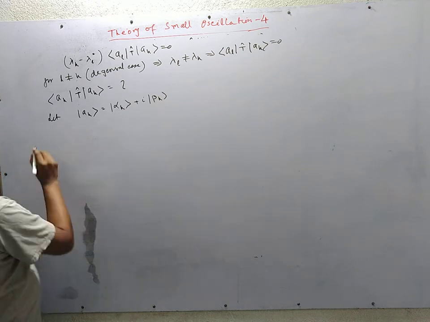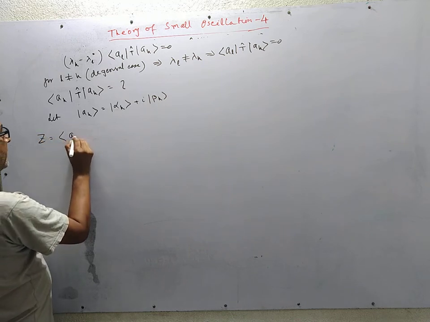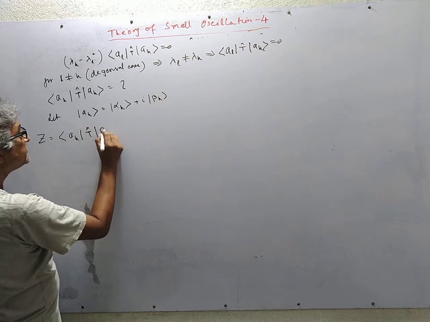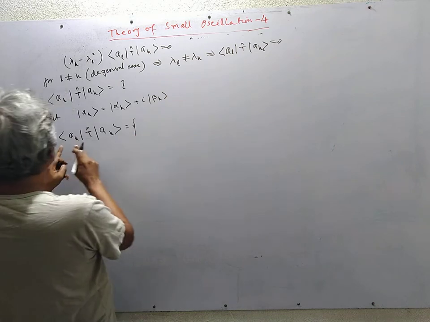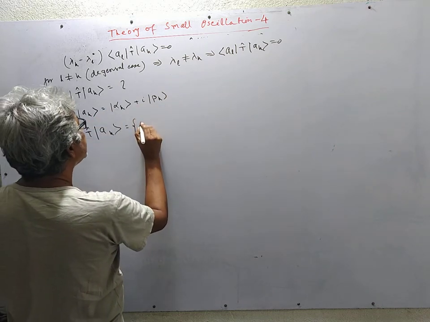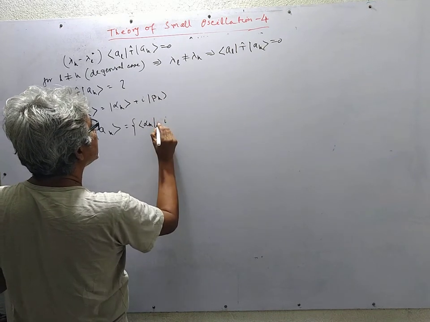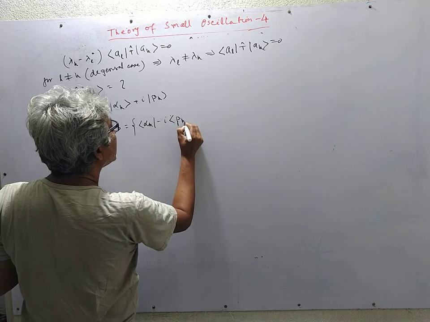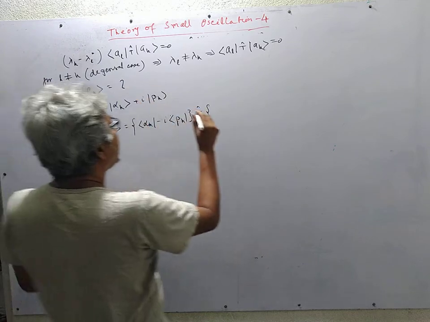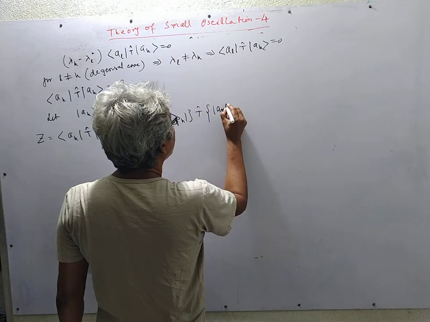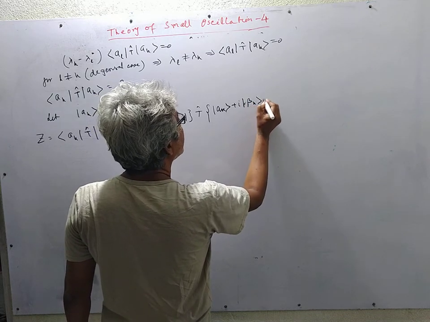If we call this quantity Z equal to <AK|T|AK>, it becomes, taking the corresponding bar equation, (alpha K minus i beta K) then the T operator, and for AK we write (alpha K plus i beta K).